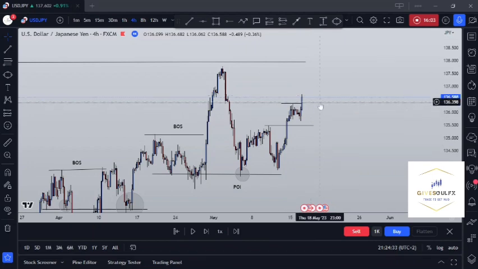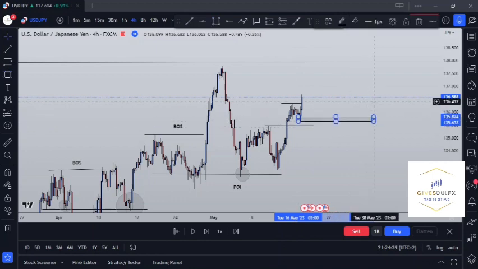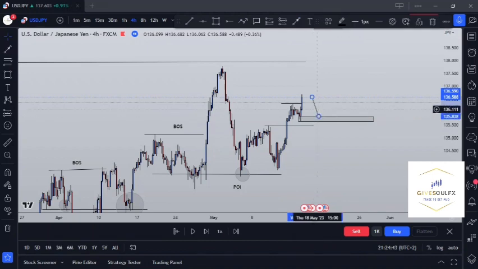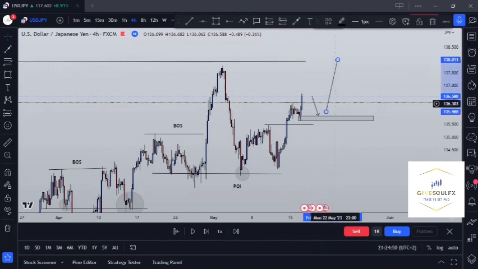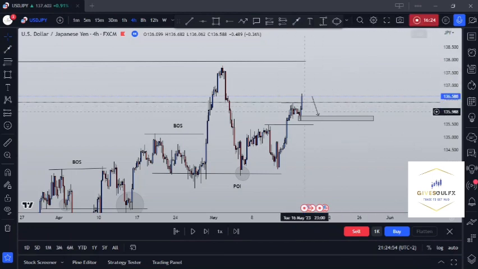I'm willing to see price break above the structure, maybe trace above the structure, or come to my point of interest here. This remains my point of interest here. Willing to see price coming back to this level before going back to the upside.